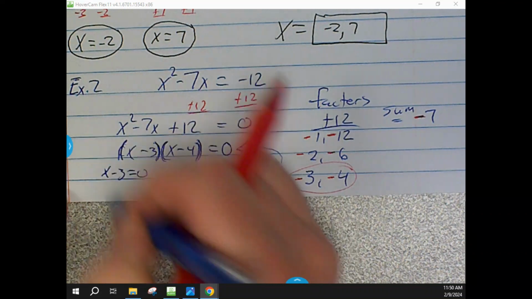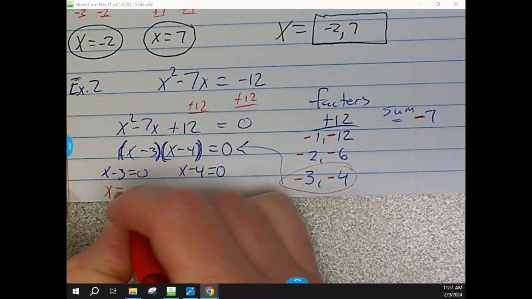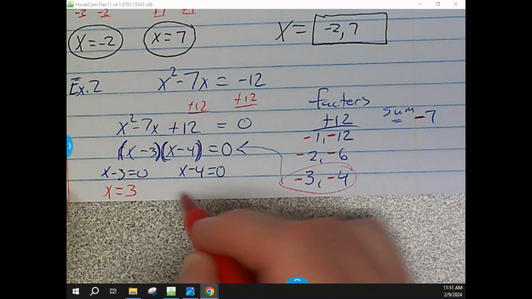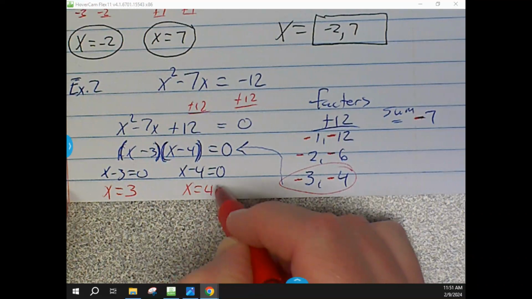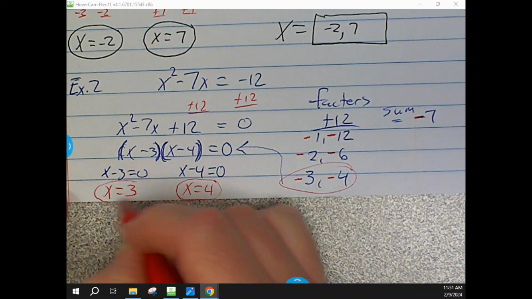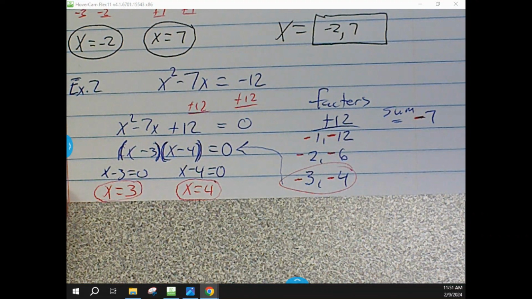Again, the math on this one shouldn't be too hard. It's x minus 3, so when we add 3 to both sides, we get x equals 3. This one's x minus 4. When we add the 4 over, we get x equals 4. And there's our two answers that we're looking for.